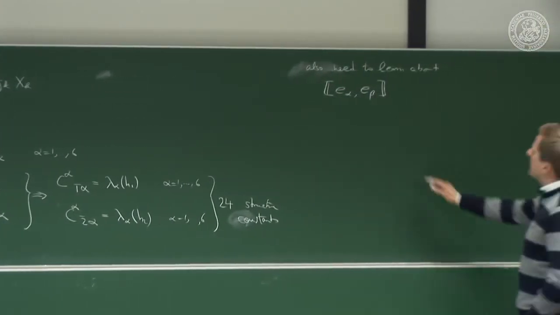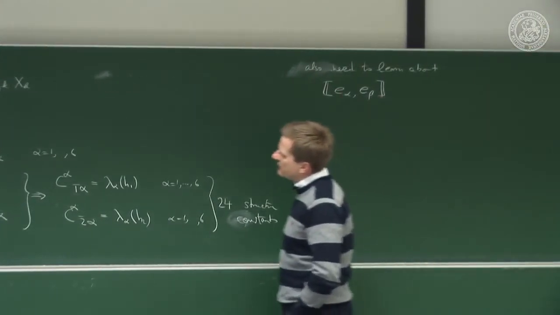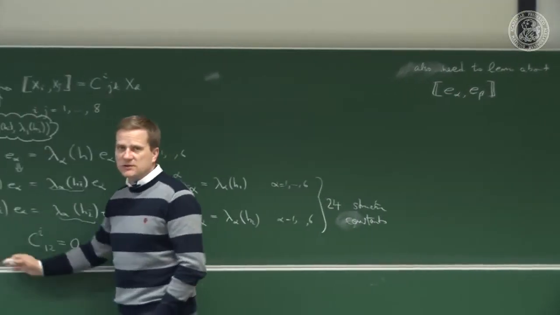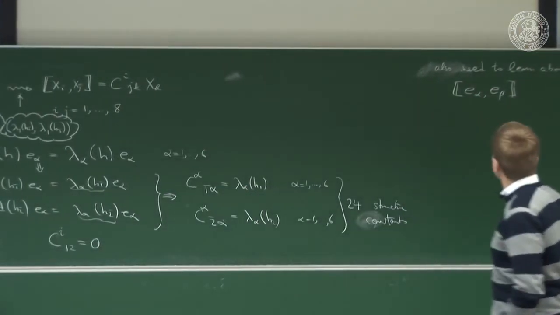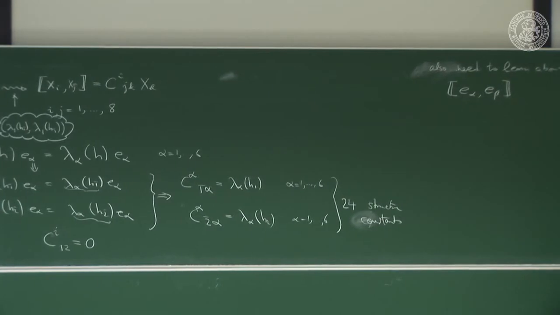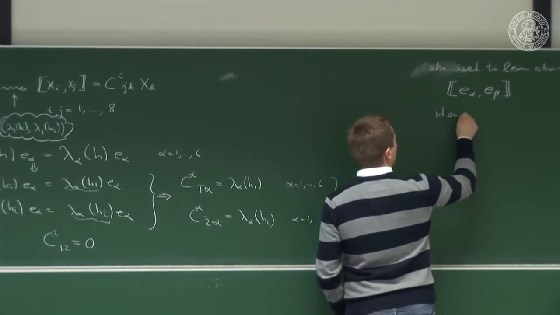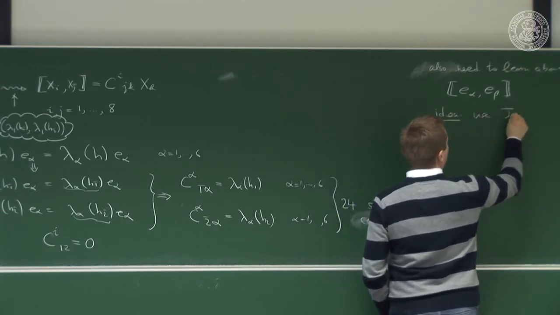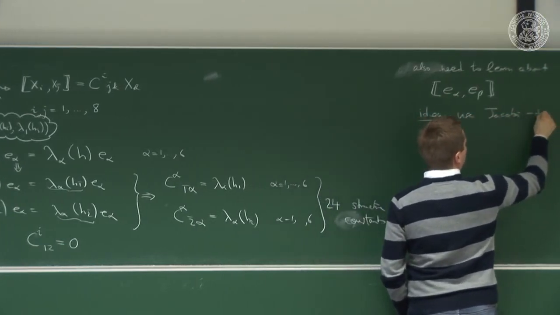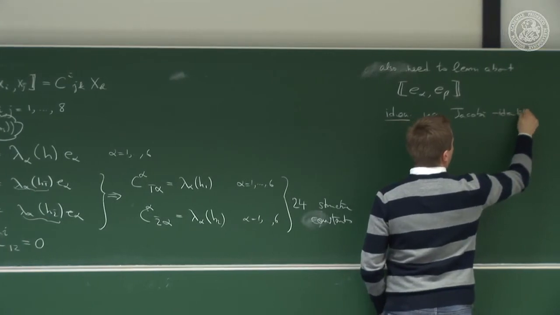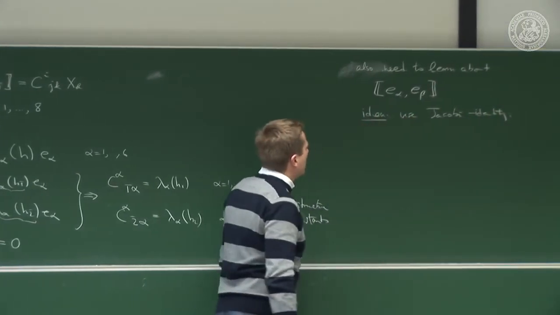Okay, but obviously it doesn't seem at first sight that from the Cartan construction we get information about this. Well, but of course we have the Jacobi identity. So the idea is to use the Jacobi identity to learn the following.